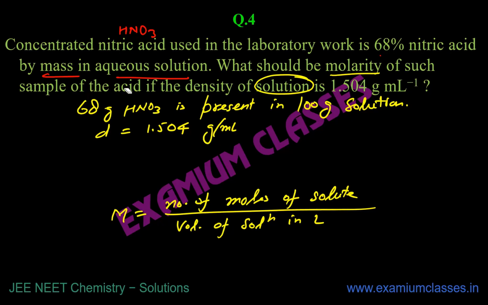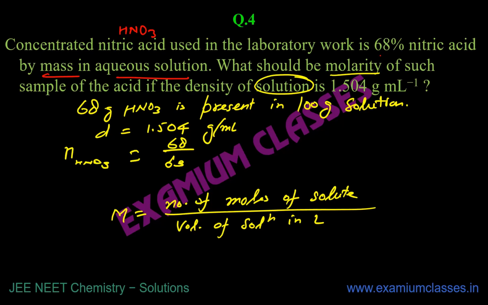Solute is HNO3. And what is the molar mass of HNO3? 63. So the number of moles of HNO3 will be given mass divided by molar mass. You should be able to understand it by now.